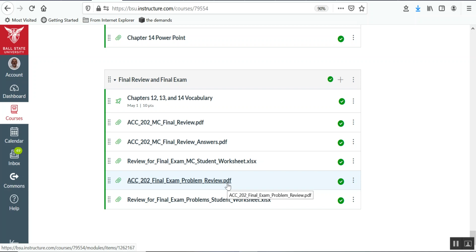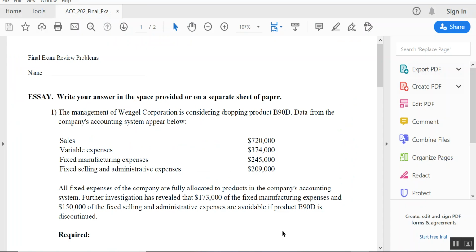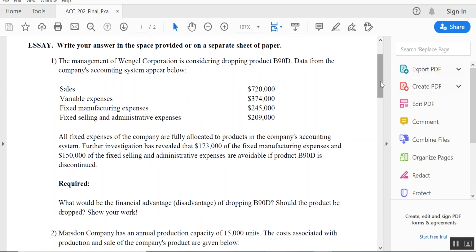But for today, I wanted to go through these example problems that I put into this review document and the worksheet. This is the review problem document, PDF. This is the first problem right here. The management of Wingle Corporation is considering dropping product B90D. Data from the company's accounting system appear below, and they give us the sales, variable expense, fixed manufacturing and selling expenses.